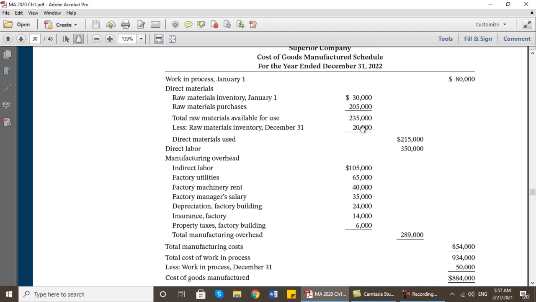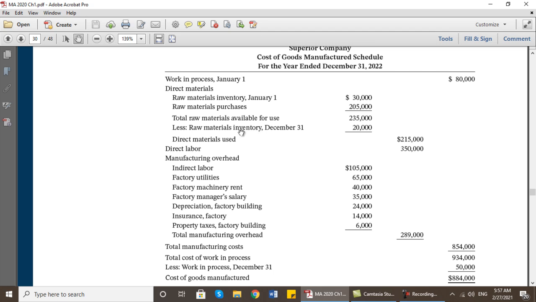Again, maybe you have a multiple choice question asked to calculate direct material used. You see how to calculate direct material used. Beginning inventory plus raw material purchases, we get available for use.